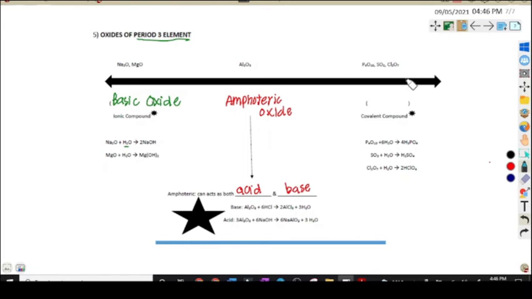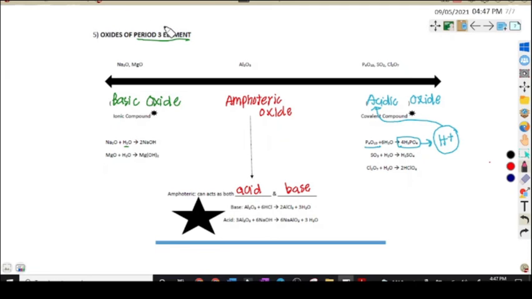The non-metal elements will form acidic oxides. For example, when phosphorus reacts with water, it will form phosphoric acid, which has an H plus in it. H plus has an acidic character, so these are acidic oxides.